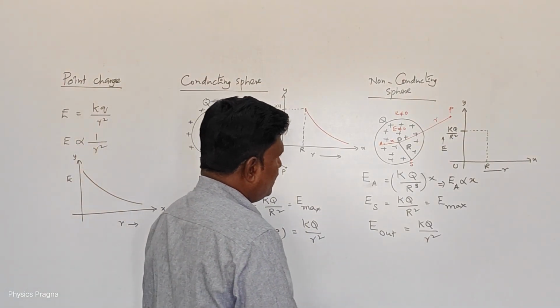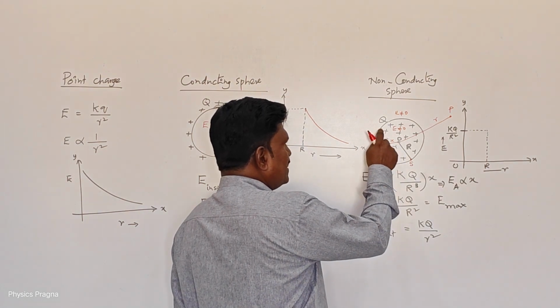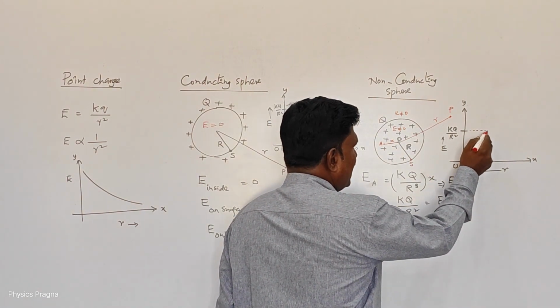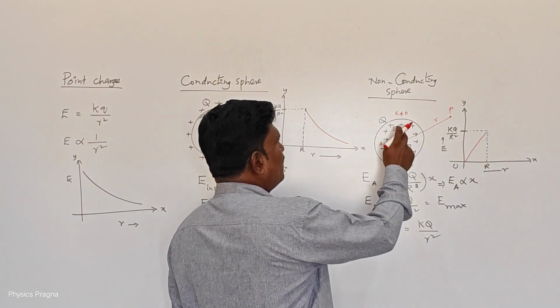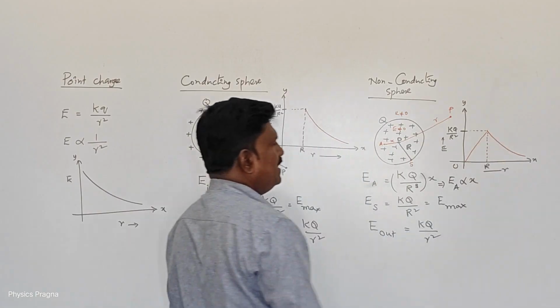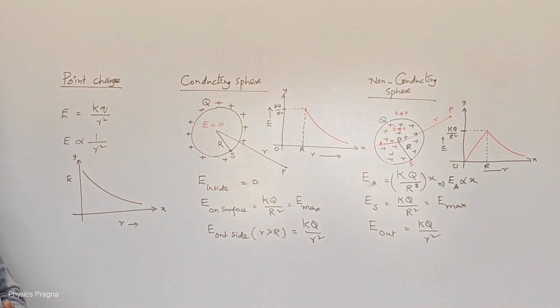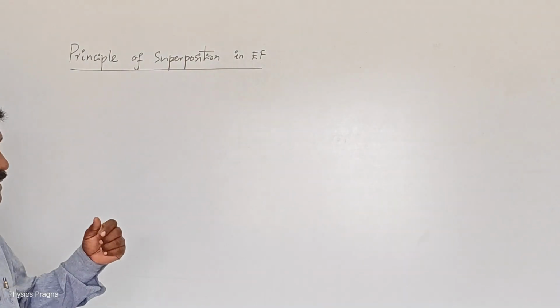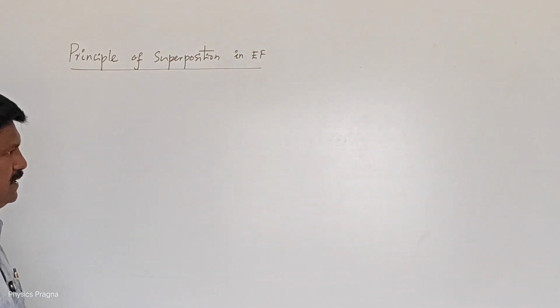So from 0, that is from the center of the sphere to the surface, the electric field linearly increases. After that, it decreases. So these points are very important. Often they ask.